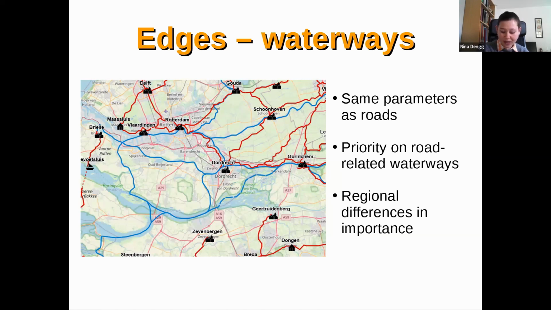But since both areas are very closely intertwined, we ended up mapping a lot more waterways than anticipated. And of course, there are regions in which waterways are much more important than in others. So the detail on the waterways will differ depending on what region you are looking at.